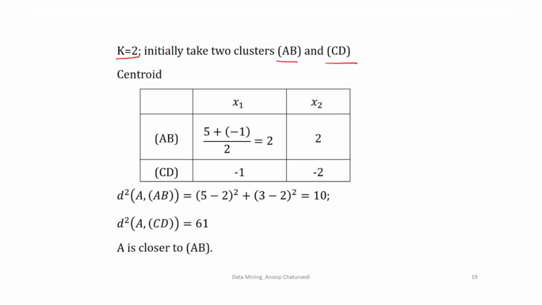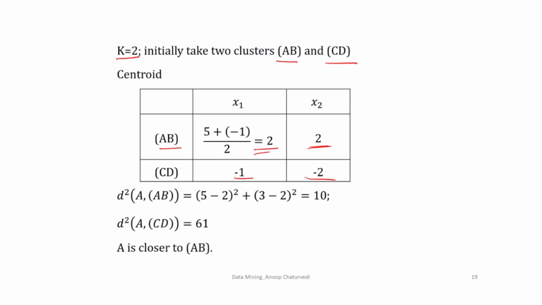Then the centroids are, for AB, the mean corresponding to variable x1 is 5 plus minus 1 by 2, that is 2. Corresponding to x2, it is 2. For CD, the means are minus 1 and minus 2. Now, what we do? We compute the distance of A from AB.